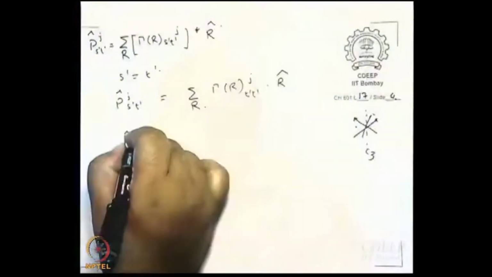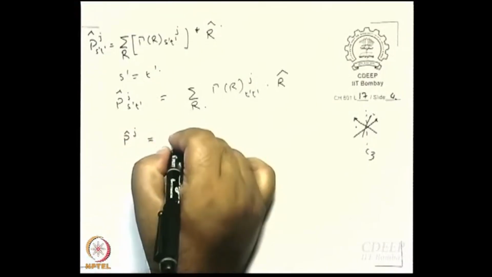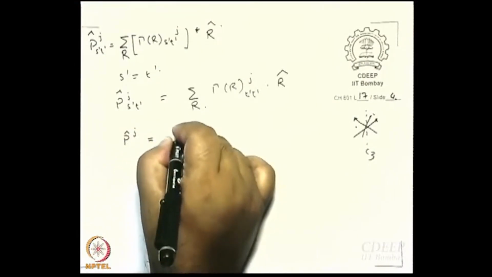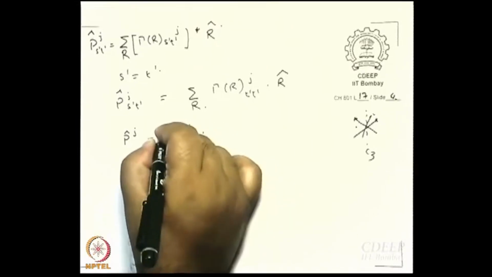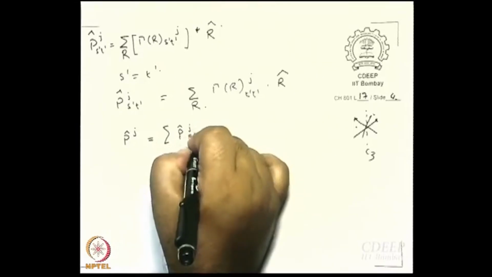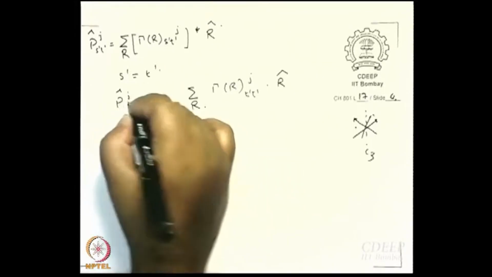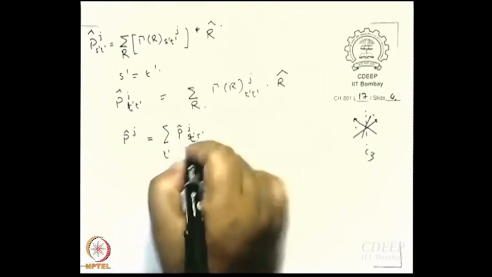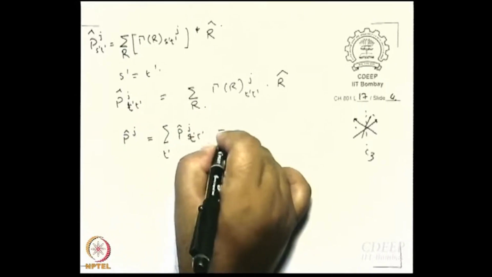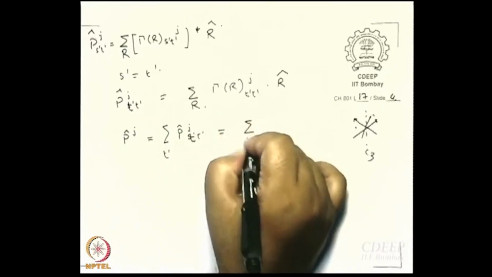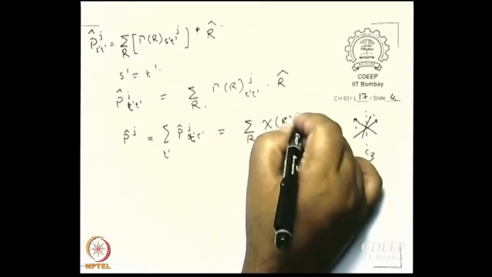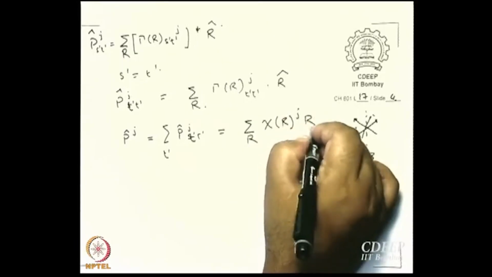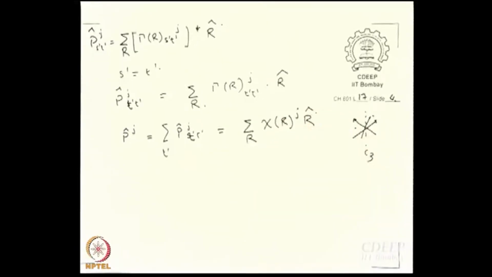Okay. So what I'll do is I'll define Pj is equal to Pj S dash T dash summed over, sorry, what am I doing? Sum over T dash Pj T dash T dash is equal to, I think you will allow me to write, sum over R chi R of the jth irreducible representation multiplied by the symmetry operation.